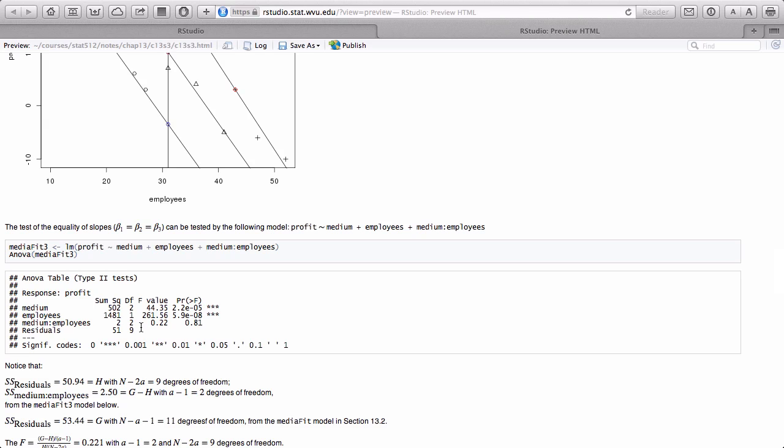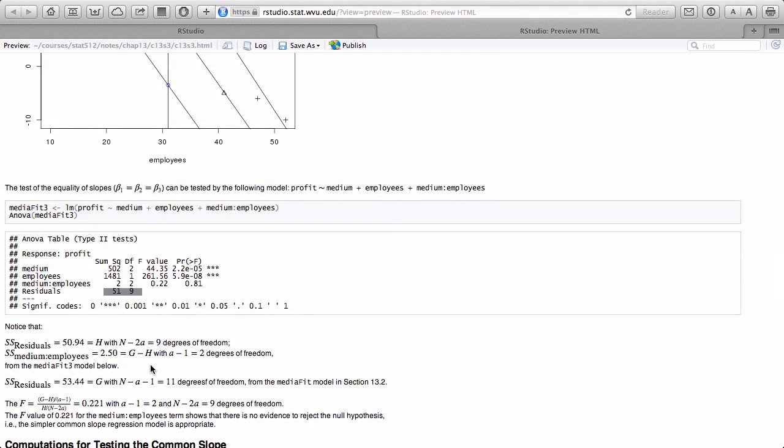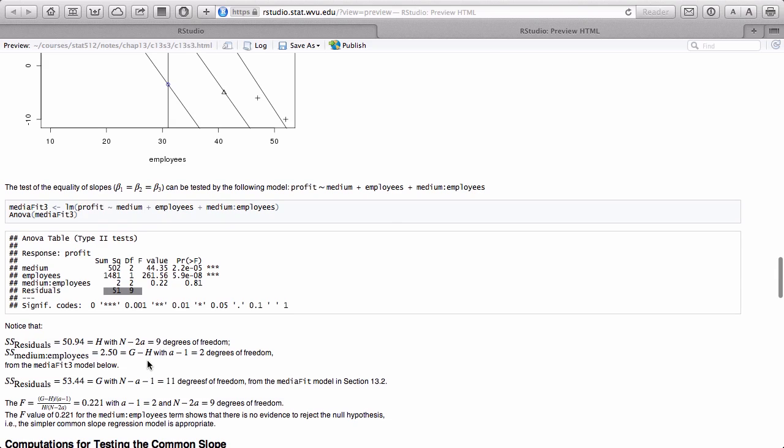So I'm looking at this line right here for H. Well, what about G? G is the common slope model, and it's 2.5. And G minus H is the difference between the common slope model and this.